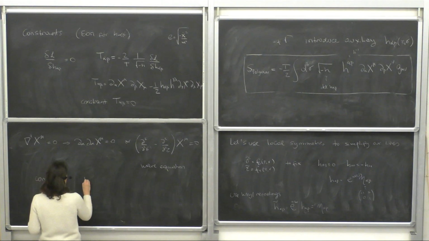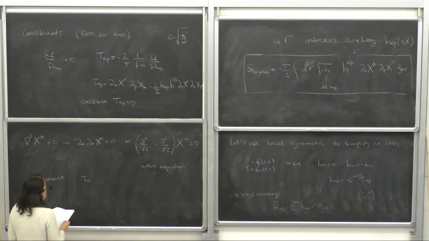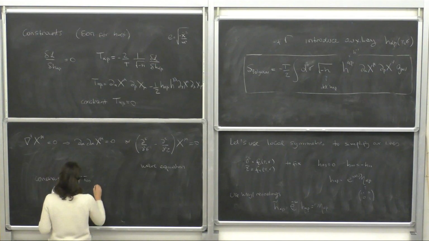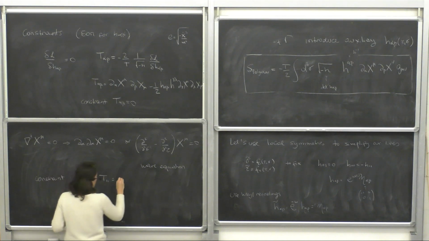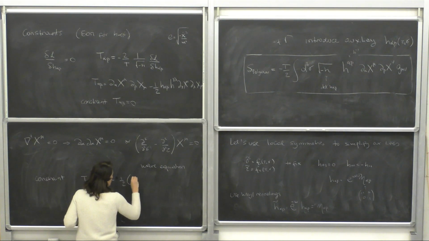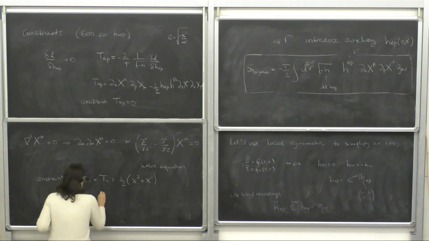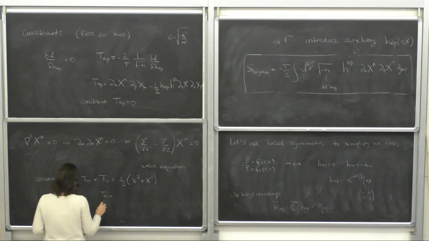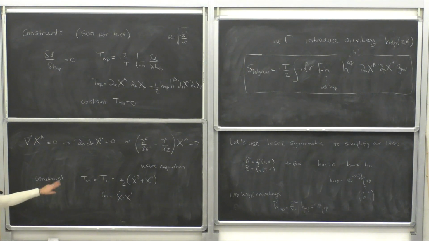Then using that H alpha beta is eta alpha beta, what you get is that T00 is equal to T11 and is 1/2 of x dot square plus x prime square. And then T01 is x dot x prime. So the constraint is that these two things are going to be equal to 0.